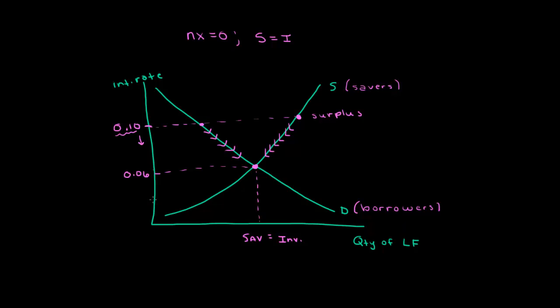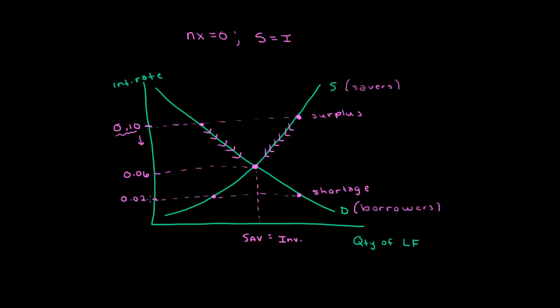If the interest rate were below 6%, let's say the interest rate was 2%. At a 2% interest rate, the quantity of loanable funds supplied is less than the quantity of loanable funds demanded. And so what will happen here is that people want to borrow more than what is currently available. You have a shortage of loanable funds, and so the people who want to do the borrowing will start competing against each other.